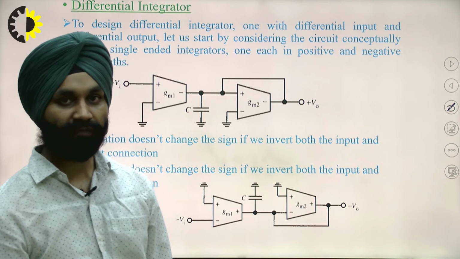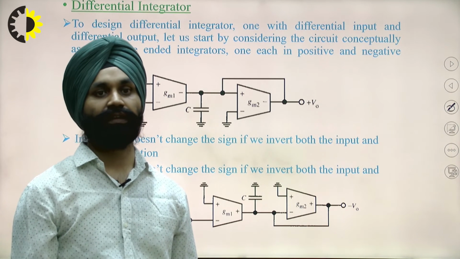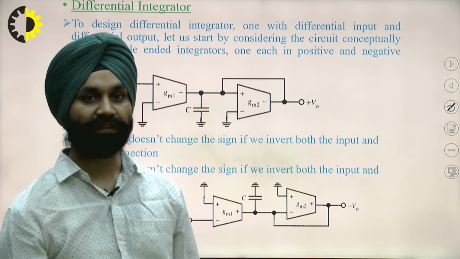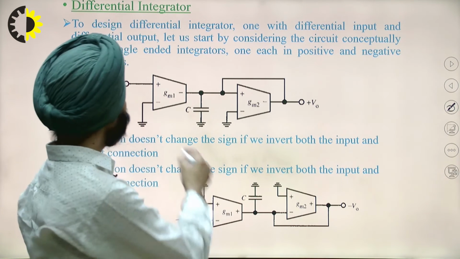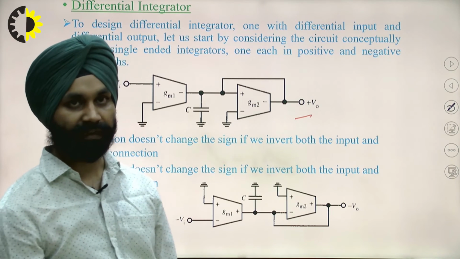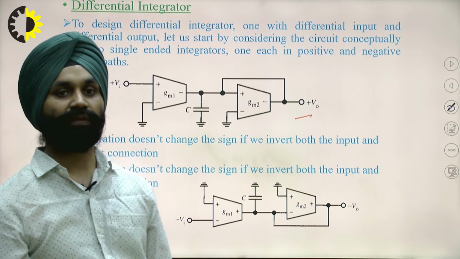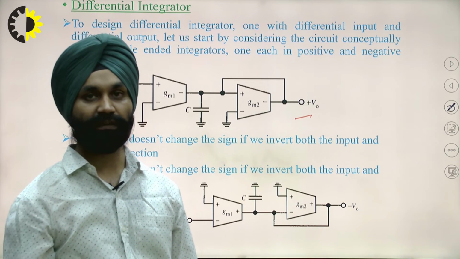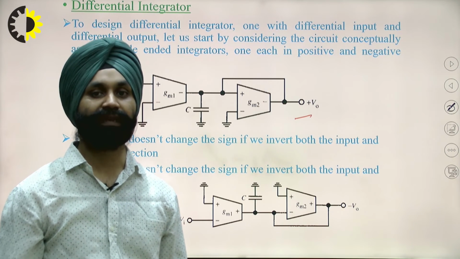Now we have created again an integrator which is single-ended. So this is a single-ended integrator. Now, as we have discussed, we have to design differential modes because of their many advantages.